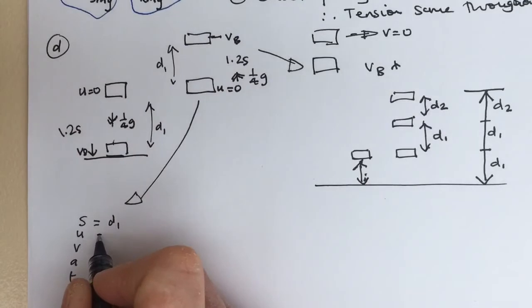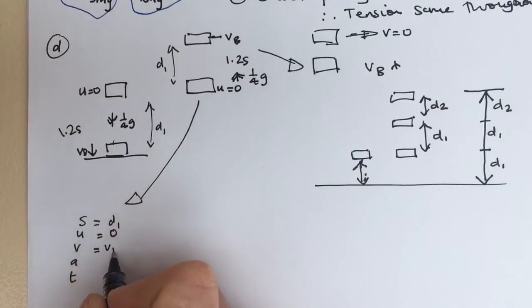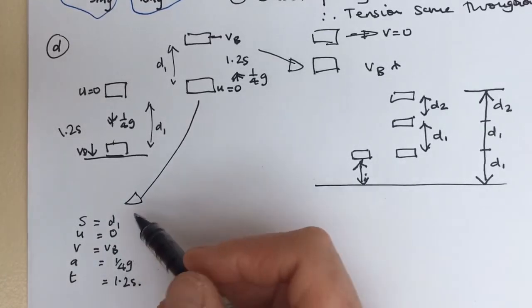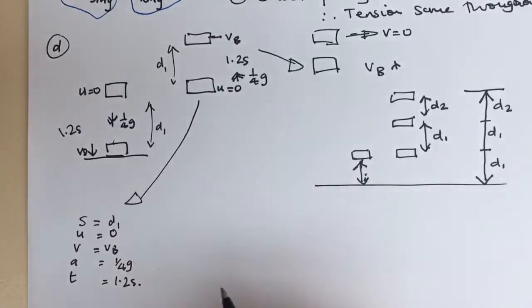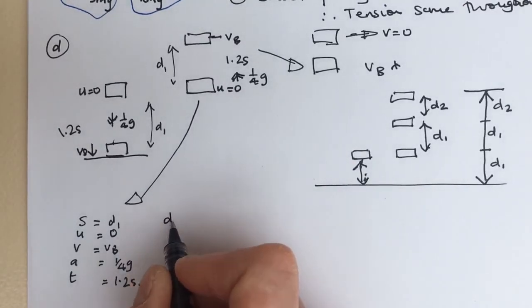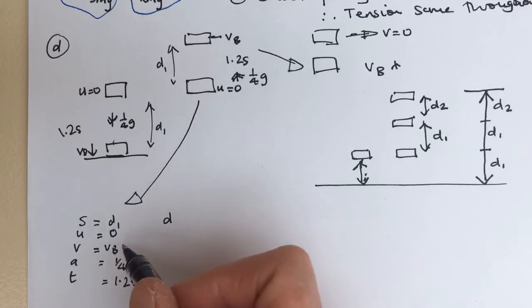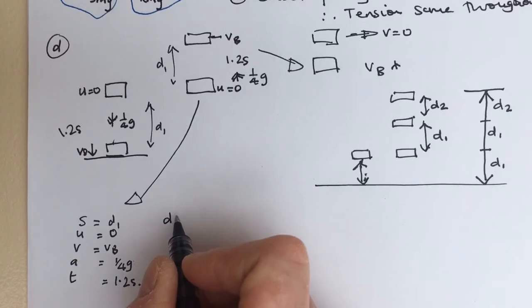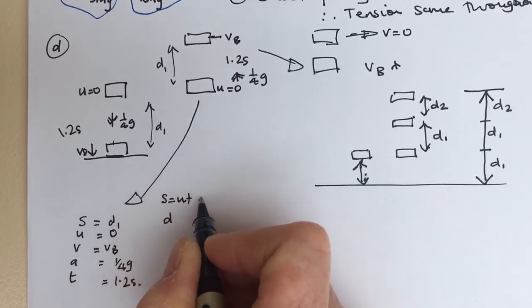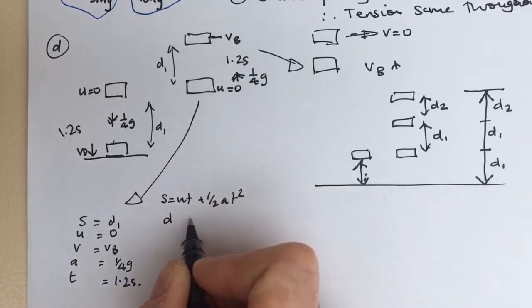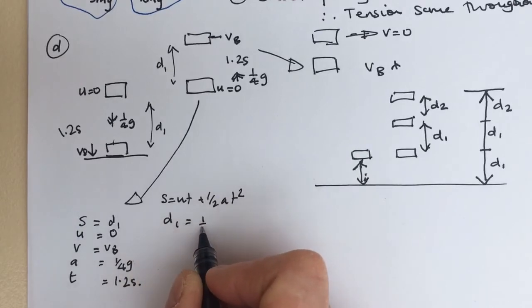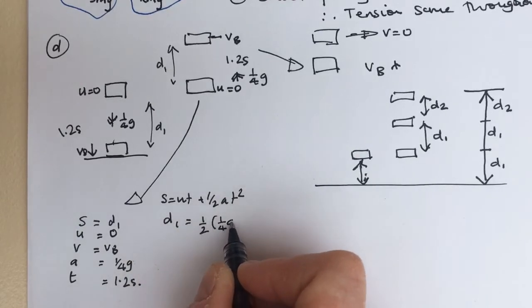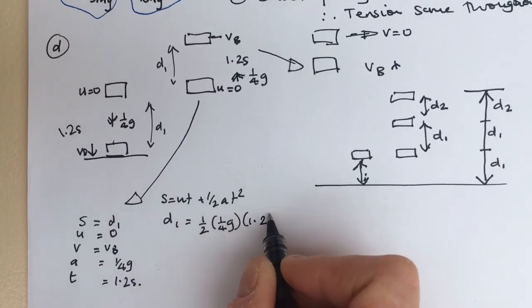So s is D1, u is 0, v I've called VB, a was a quarter g, and I know that t was 1.2 seconds. From this, I can find D1 and VB. If I find D1 first, I'm going to use the one that doesn't need v, so s equals ut plus a half at squared. So D1 is equal to a half multiplied by a quarter g times 1.2 squared.